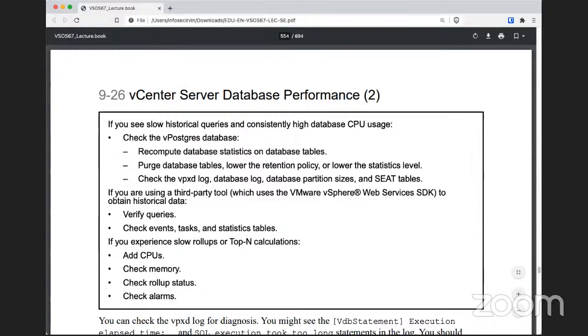Using an external database, you could use tools to recompute the database statistics, to purge database tables, and to verify queries, seeing where the slowdown is, to fix that so that your database will work as fast as possible.